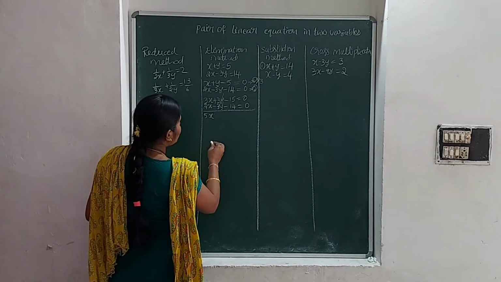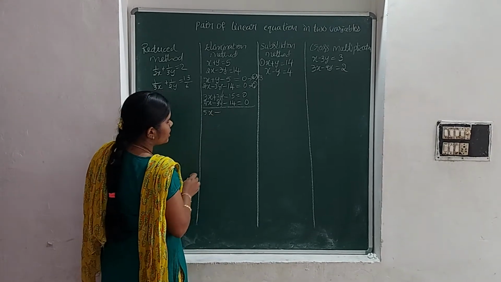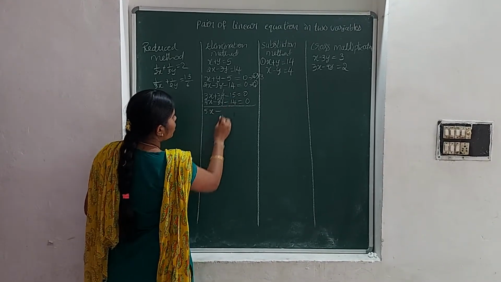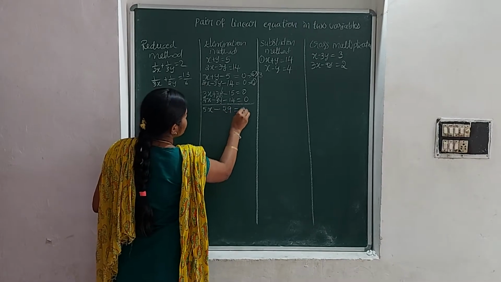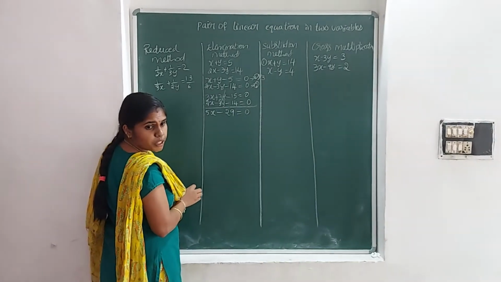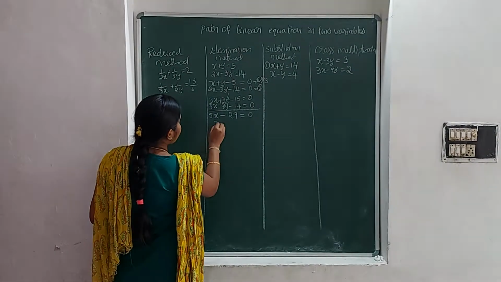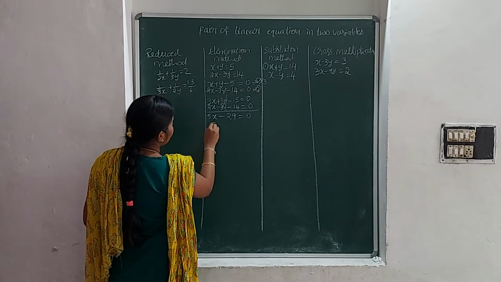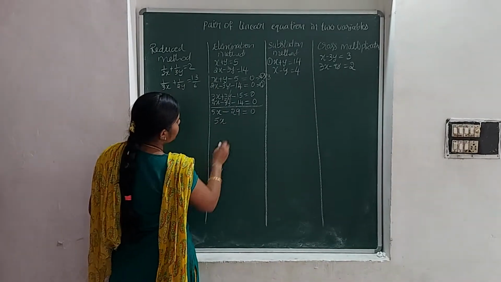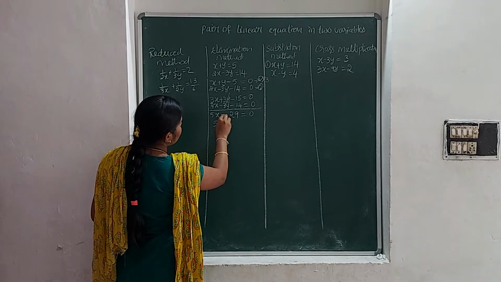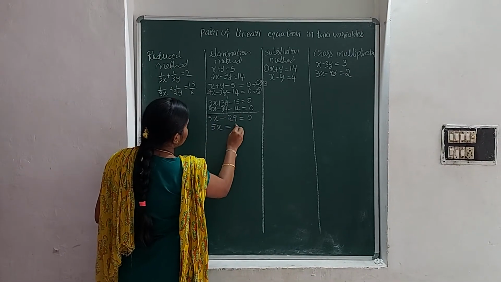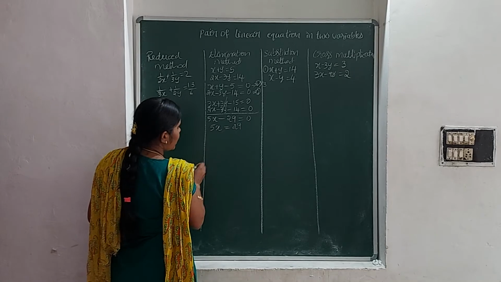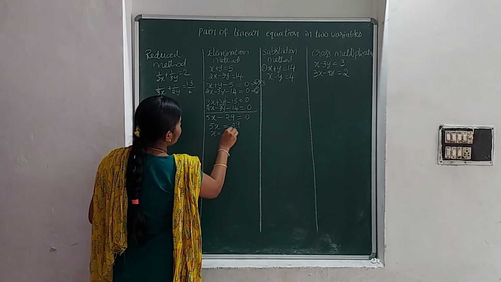Minus is as it is, and if you add these two you get 29. This is equal to 0. Next step, 5x you keep as it is and this minus 29 you send to the right side, that becomes plus 29. x = 29/5.